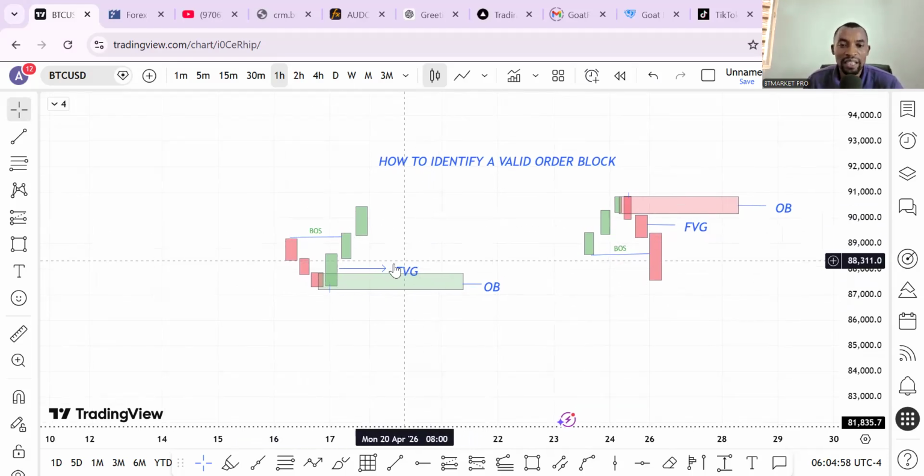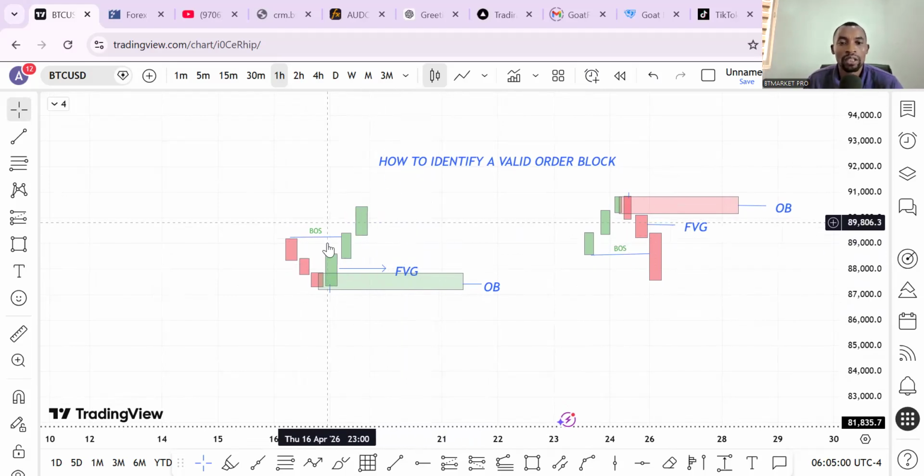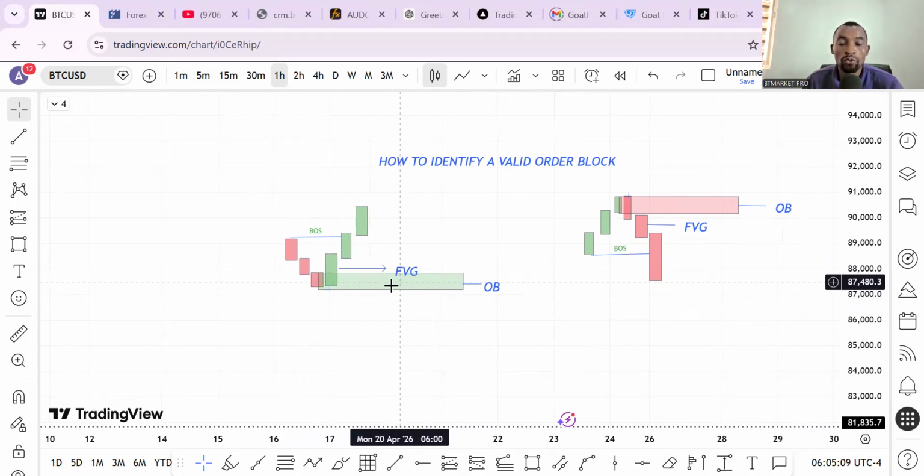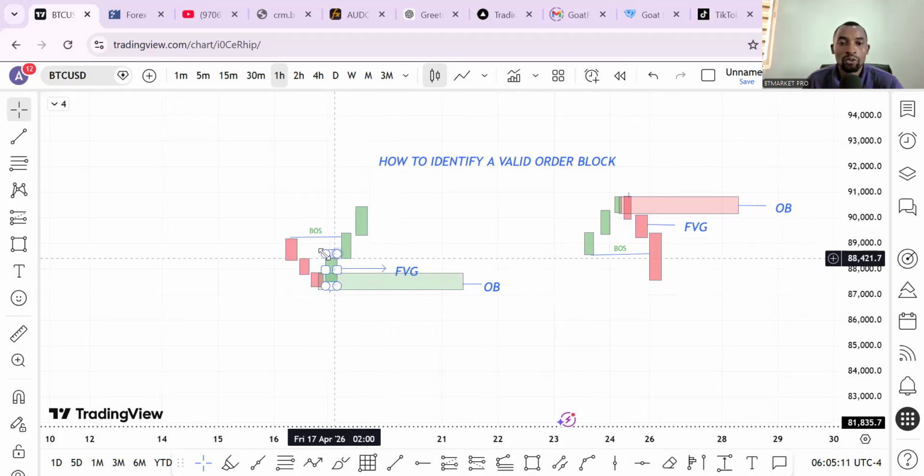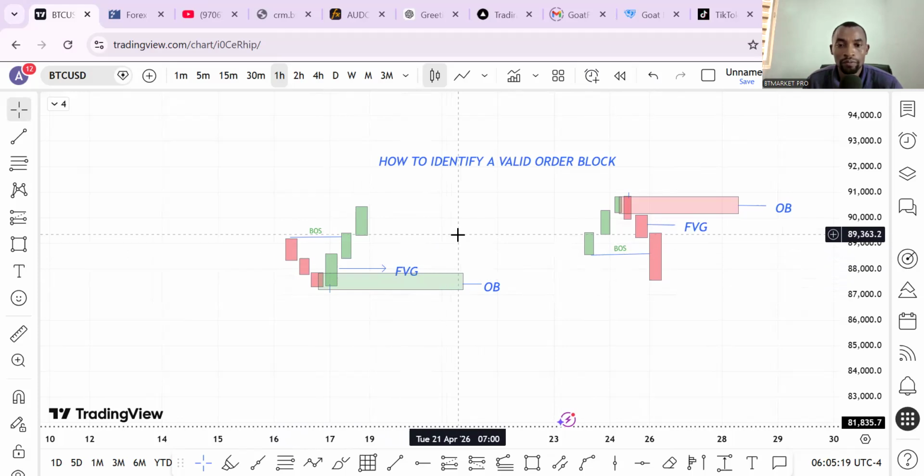Number two characteristic of a valid order block: it must have a fair value gap, which we also call an imbalance. So, number two, a valid order block must have what? A fair value gap, which is FVG.